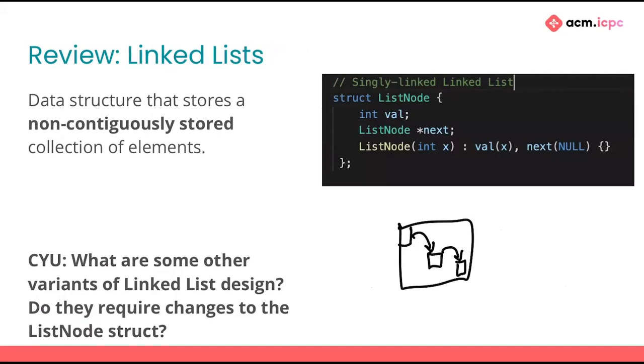Over here on the top right, I've given an example of what a linked list struct might be for a single node in the linked list. This would be a singly linked list because we have a node that contains some value and then a pointer to the next node, which contains some value. Now, is anyone familiar with other variants of the linked list design? Does anyone know what other types of linked lists we could have?